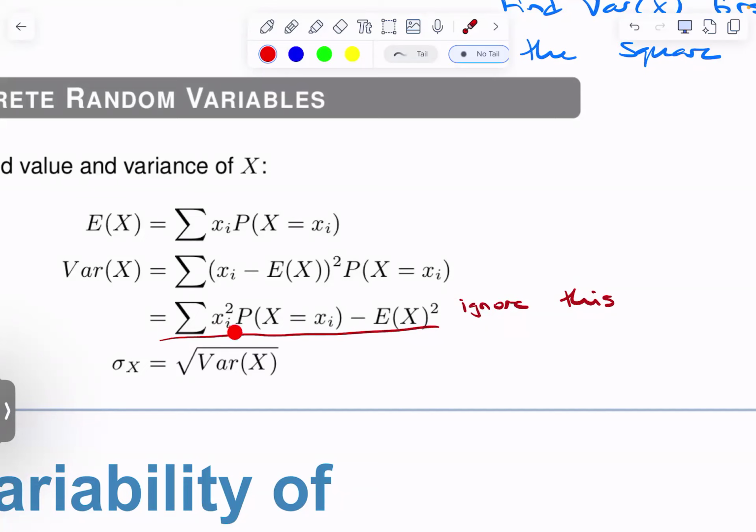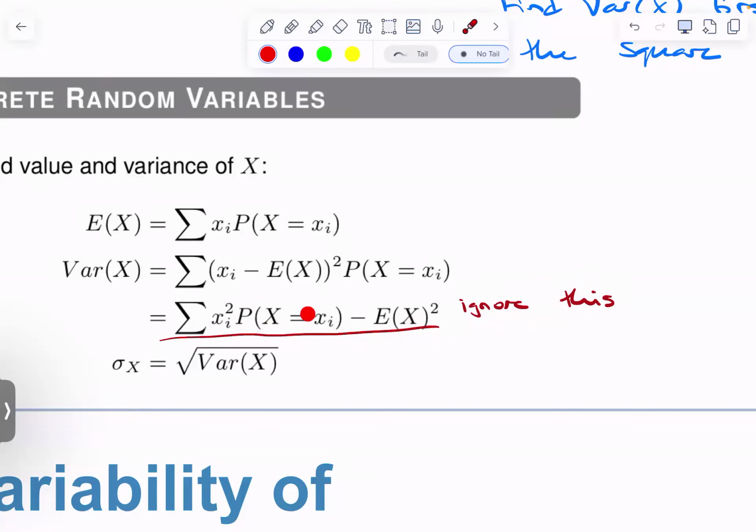So here, if you want, you could use this formula instead. What would you have to do? You'd have to square each of the x's, each of those winnings, 1 squared, 5 squared, 10 squared, 0 squared, multiply it by its corresponding probability, then subtract the expected value of x squared from each of these terms.